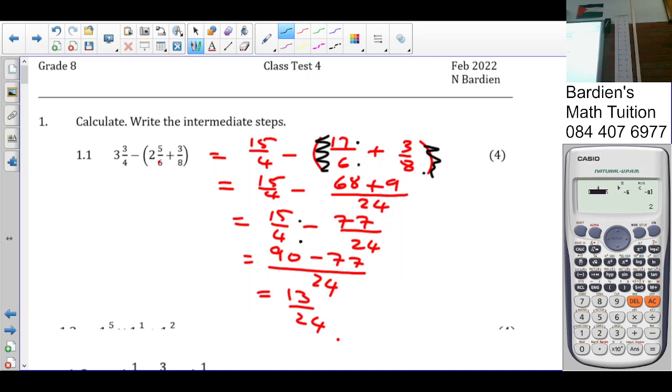You see here, I've changed this to improper fraction. After that I only worked with this, but that must still be written down. That must still be written down. So whatever you're calculating, whatever you're writing down a part of it, wherever it lies in the sum, that's where you write it in. Do not break up the sum.